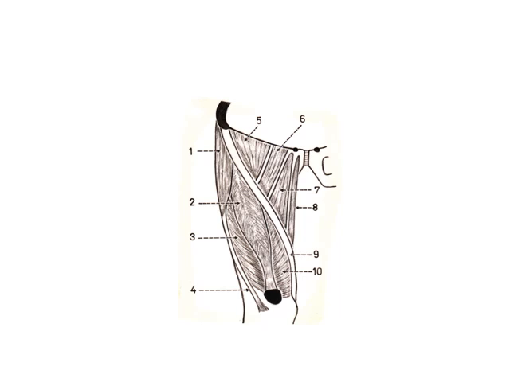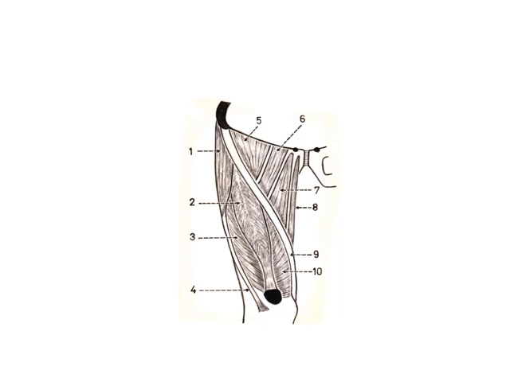So as we see, this sartorius muscle separates the muscles in the floor of the femoral triangle, number 5, number 6, and number 7, from the heads of the quadriceps femoris muscle, number 2, number 3, and number 10.